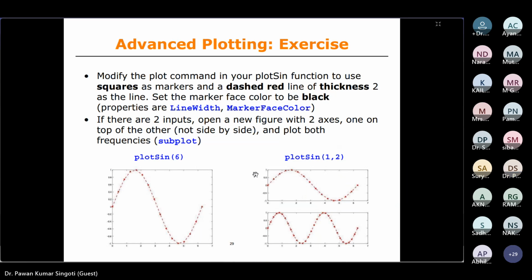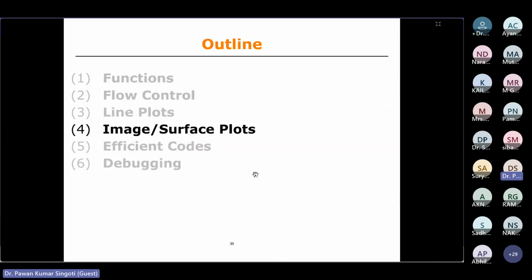So in advanced plotting, you can do the exercise of how we can change the line width, how we can change the marker face, how we can subplot, how we can reduce the size, how the line thickness can be changed.